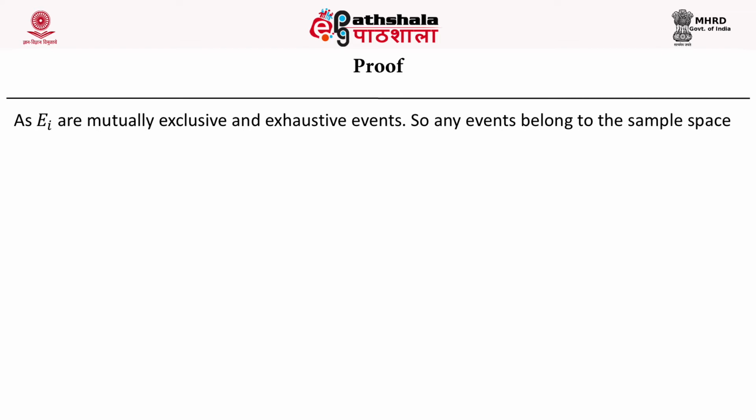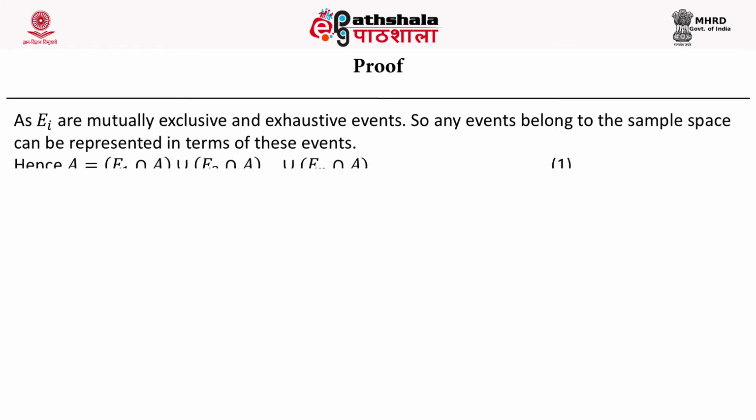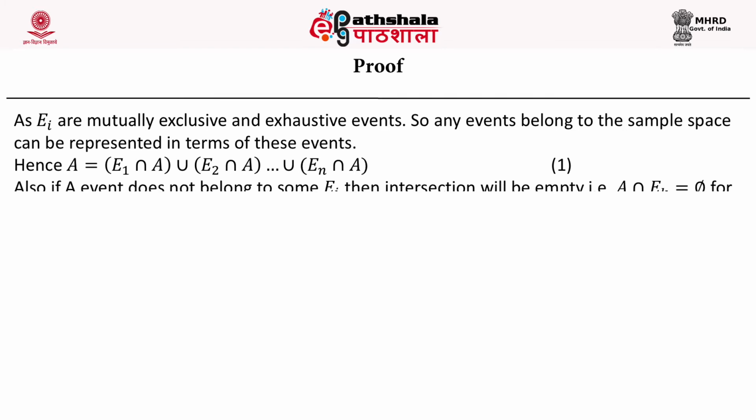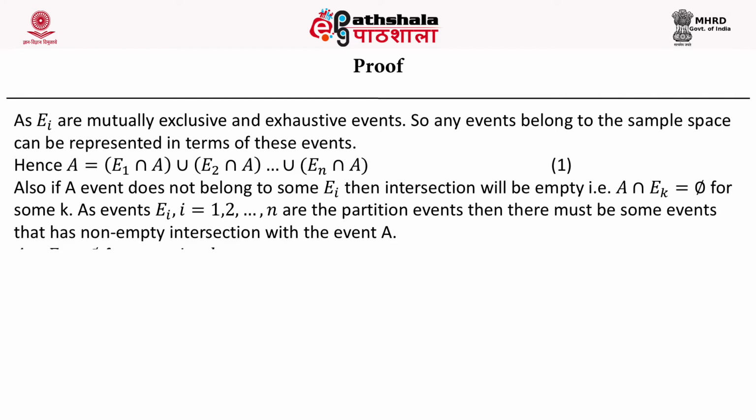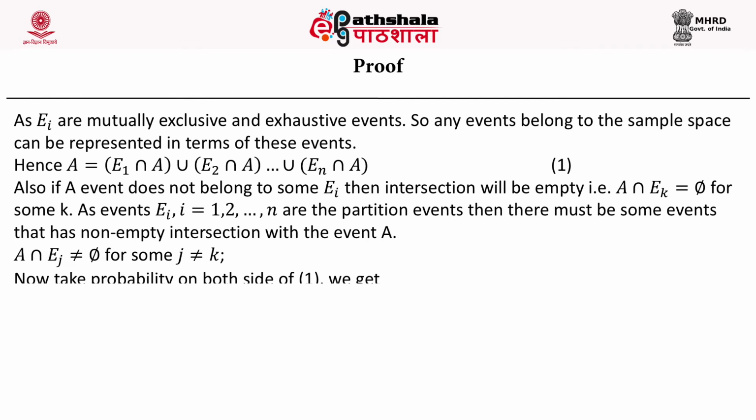Basically we are trying to discuss here how you will get this result by using the property of conditional probability and the properties that we already discussed in our previous modules. As Ei are mutually exclusive and exhaustive events, any event belonging to the sample space can be represented in terms of these events. Hence A is equal to E1 intersection A, union E2 intersection A, union En intersection A. We can see this from the Venn diagram, how we can write A in terms of E1, E2, En events.